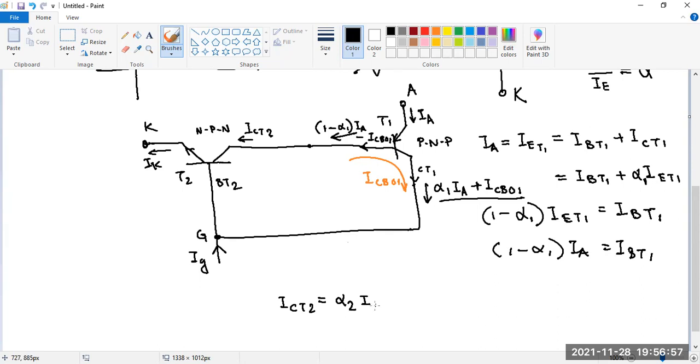Alpha 2 into the emitter current, IET2, because between emitter and collector this alpha gain is always there. Just as I told for the previous transistor.